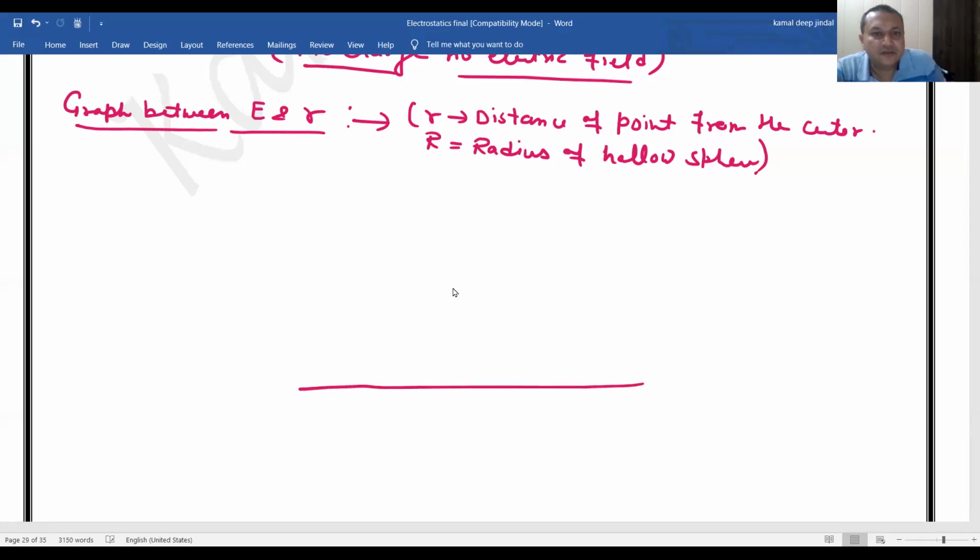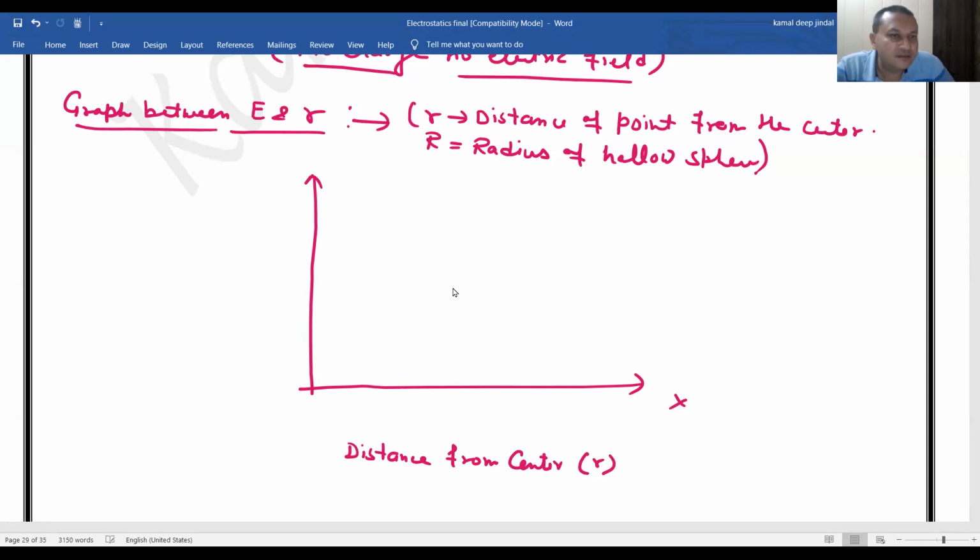This is your axis, this is the x-axis, distance from the center, that is equal to r, and this is the electric field, E.